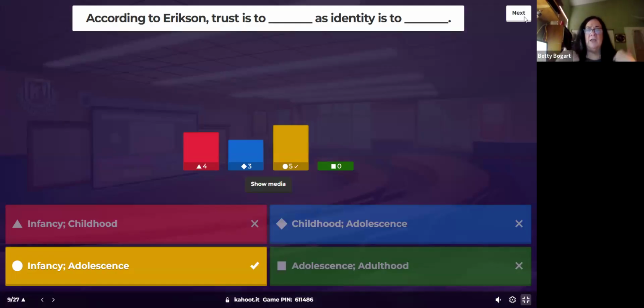I trust, I cry, you're coming to get me. Identity is, who am I? What am I going to be when I grow up? And that's an adolescent. That's how you have to remember that one. You can see identity versus role confusion. What am I going to be? A doctor, a lawyer, an Indian chief, right? So again, remember those names.